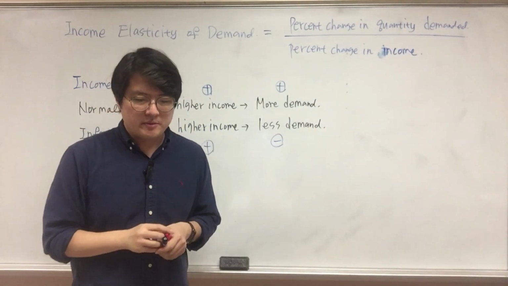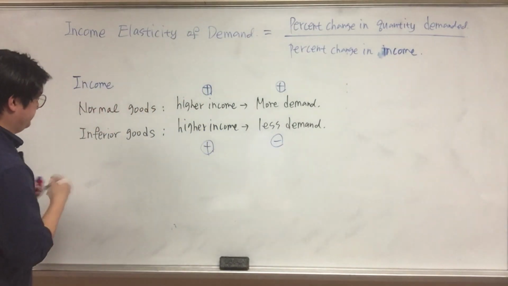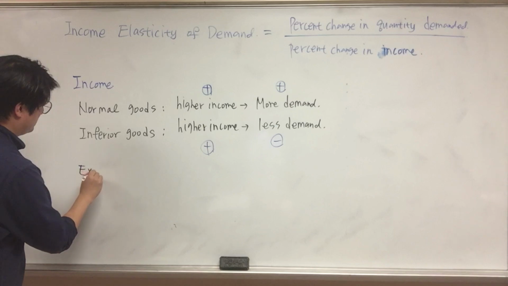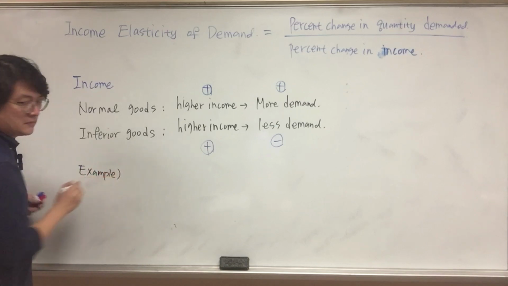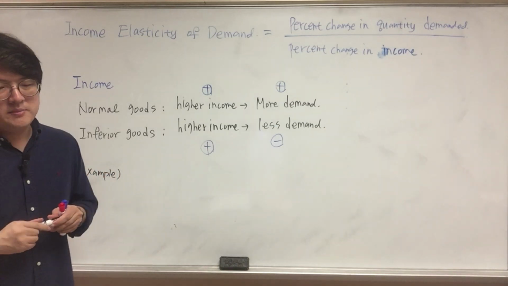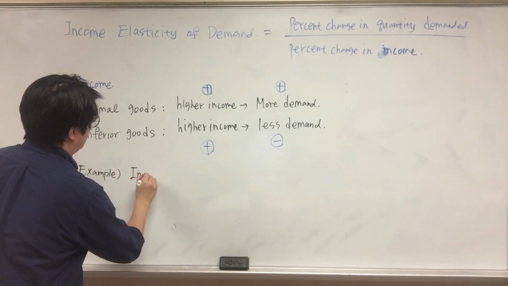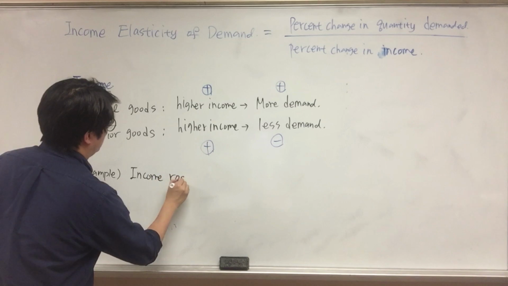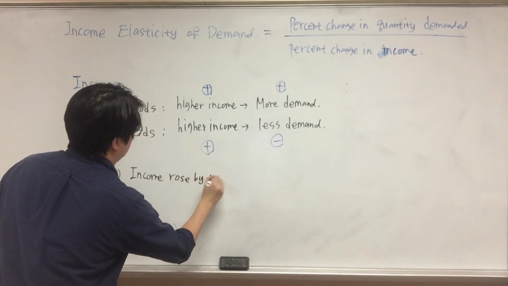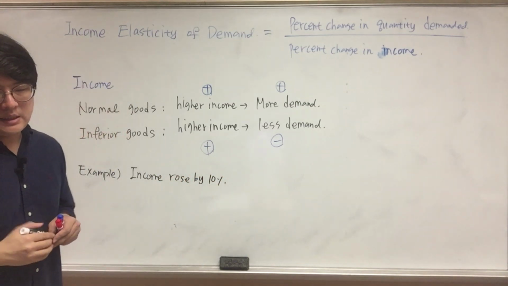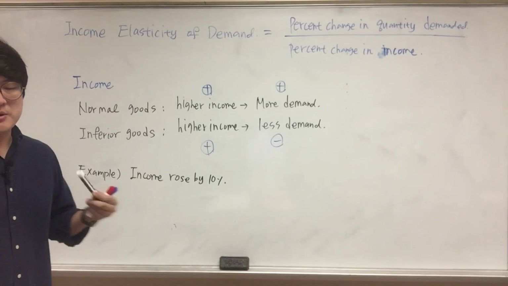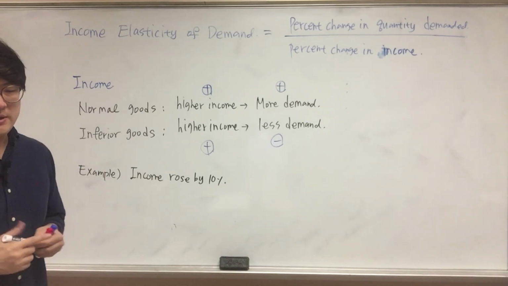So for example, I will give you one example here. Your income is lost by 10%, and your demand for restaurant meals is lost by 10%, right?